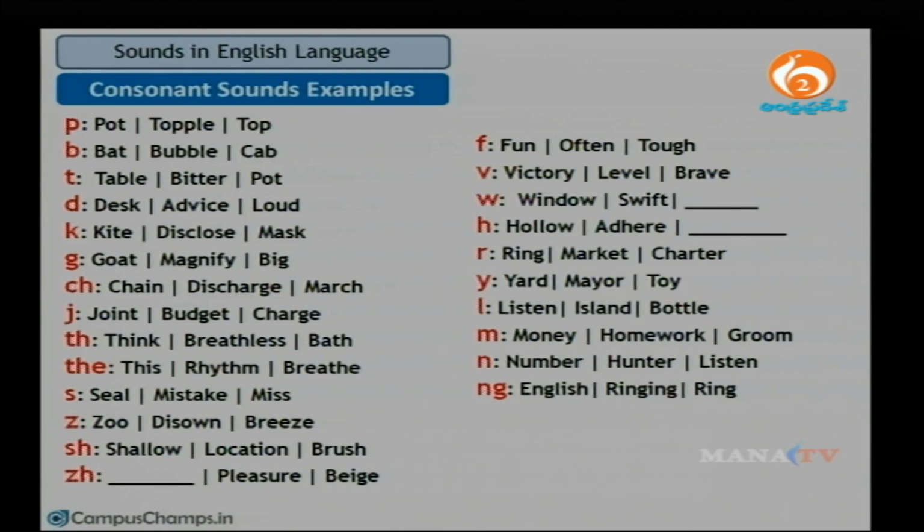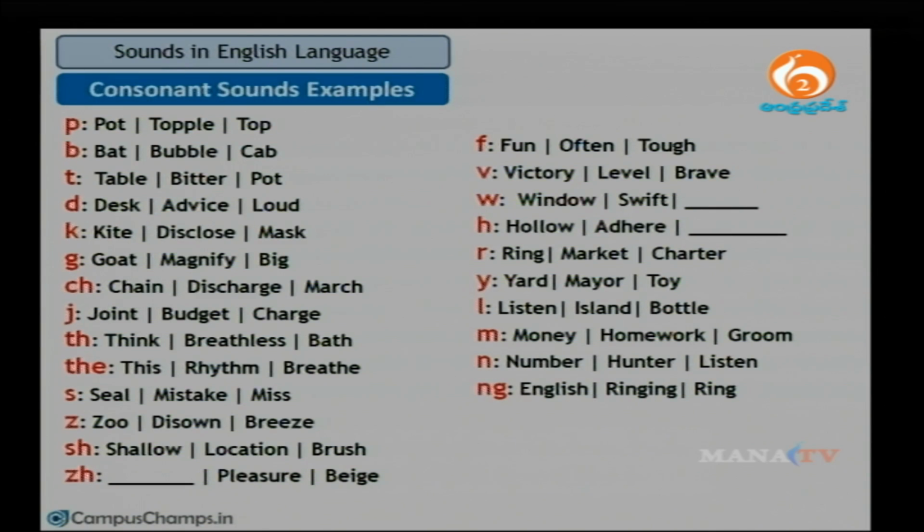Y: yard, mare, toy. L: listen, island, bottle. M: money, homework, groom. N: number, hunter, listen. And the last sound, the ng sound: English, ringing, ring.